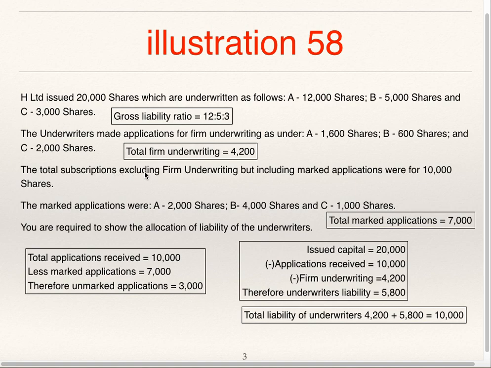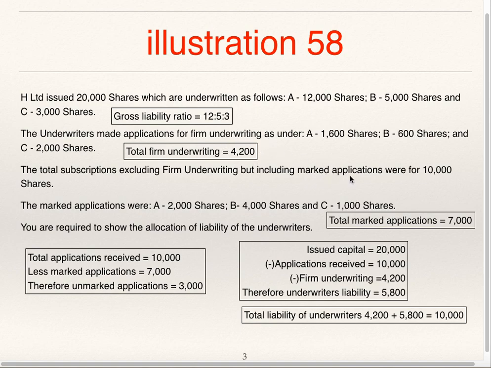Total subscriptions excluding firm underwriting but including marked applications were 10,000 shares. Total subscriptions, that is total number of applications received, are 10,000, which include marked applications but do not include firm underwriting, that is these 4,200.